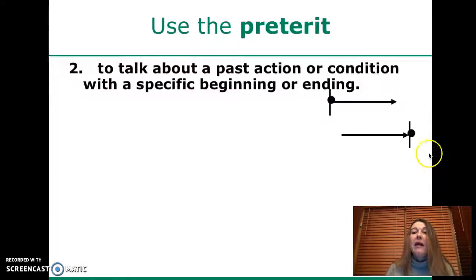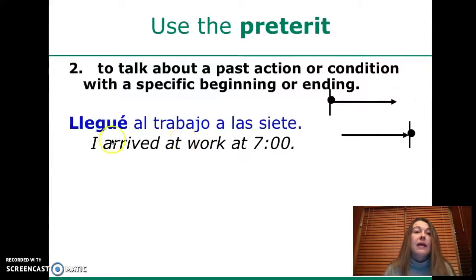Okay, if we have an action in the past that has a specific beginning or ending, okay, it doesn't have to have both, just one or the other, we're going to use the preterite. Llegué al trabajo a las 7. I arrived at work at 7. Okay, I arrived. That's a specific beginning. Anytime, typically when you arrive somewhere, that's a specific thing.